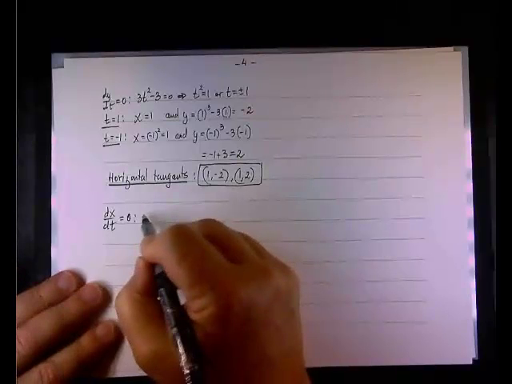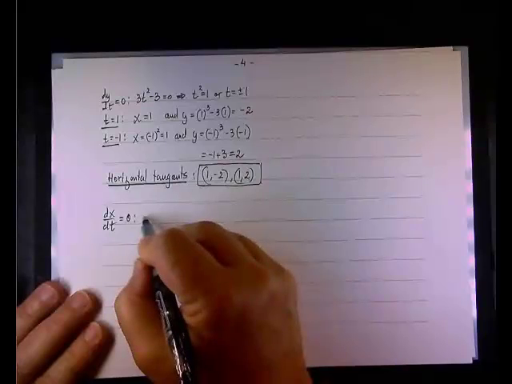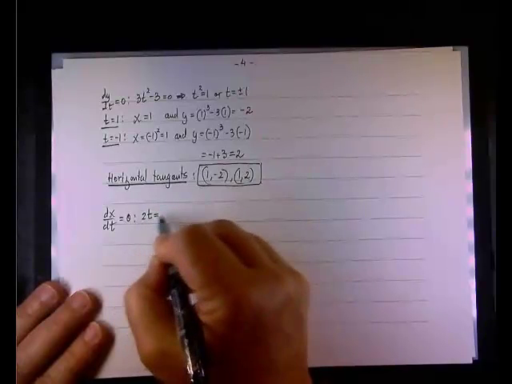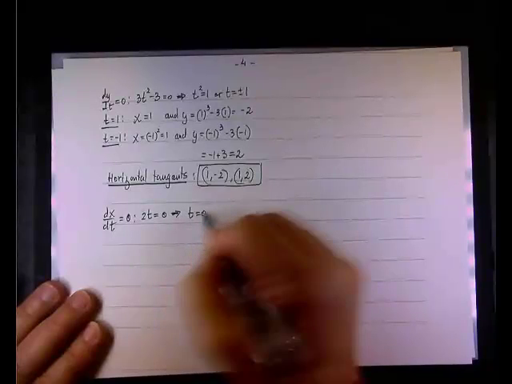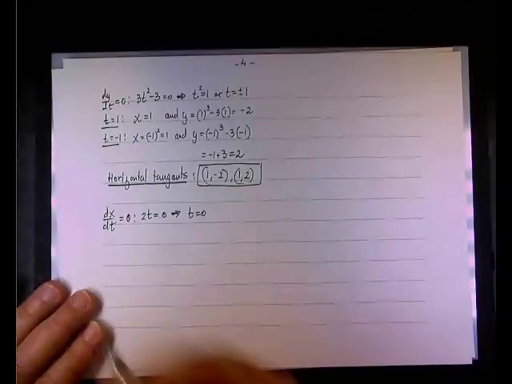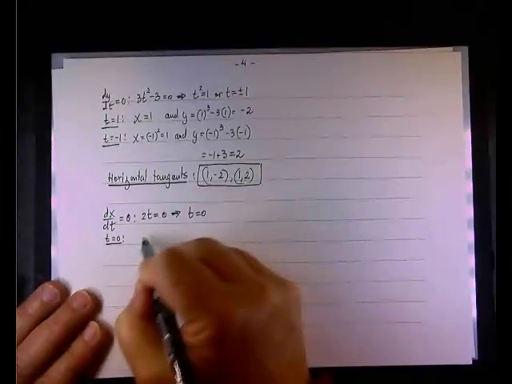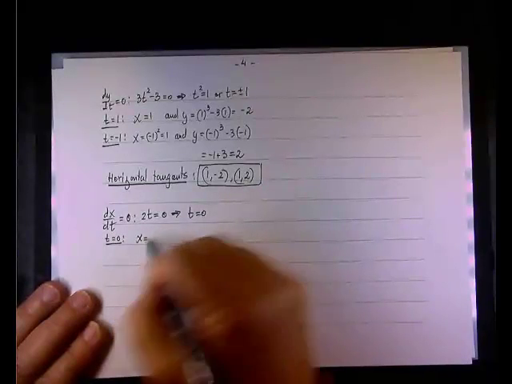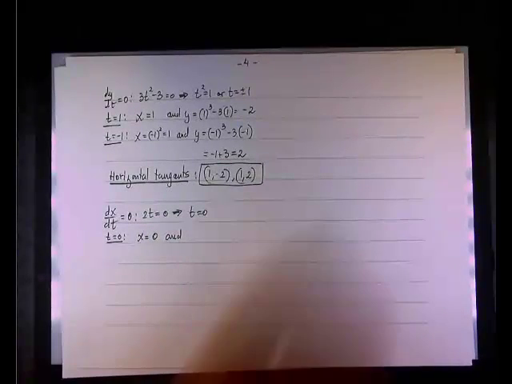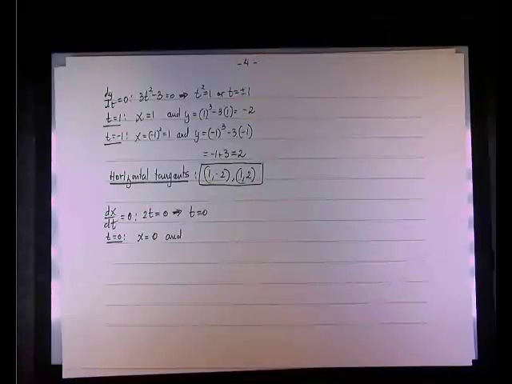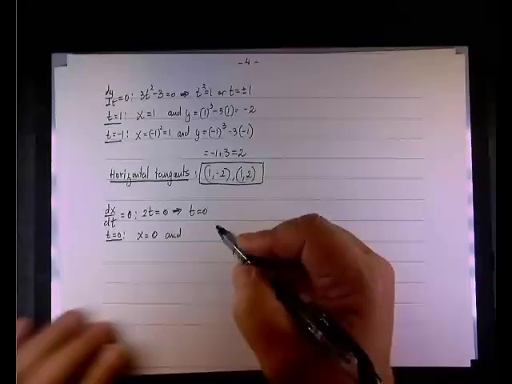What about vertical tangent? Well, for vertical tangent, we require dx/dt to equal 0. So this means that since x equals t squared, dx/dt equals 2t, or 2t equals 0, or t equals 0. Okay, so only one value like that. So what happens when t equals 0? What happens to x?